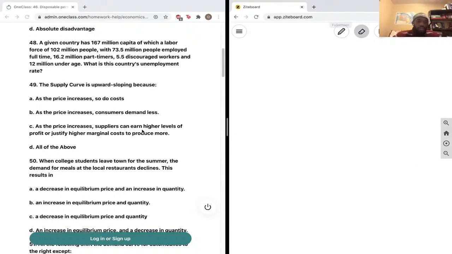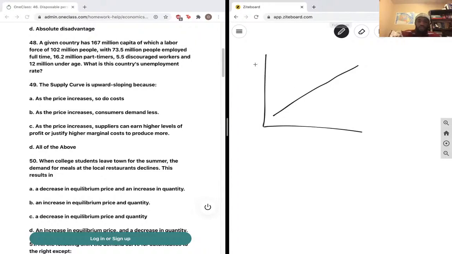C, as price increases, suppliers can earn higher levels of profit and justify higher marginal costs to produce more. And D, all of the above. So right away we know it's not D, all of the above, because of option B. As price increases, consumer demand is less. That's not talking about the supply curve at all. That's just talking about the demand curve. So we can scratch out B.